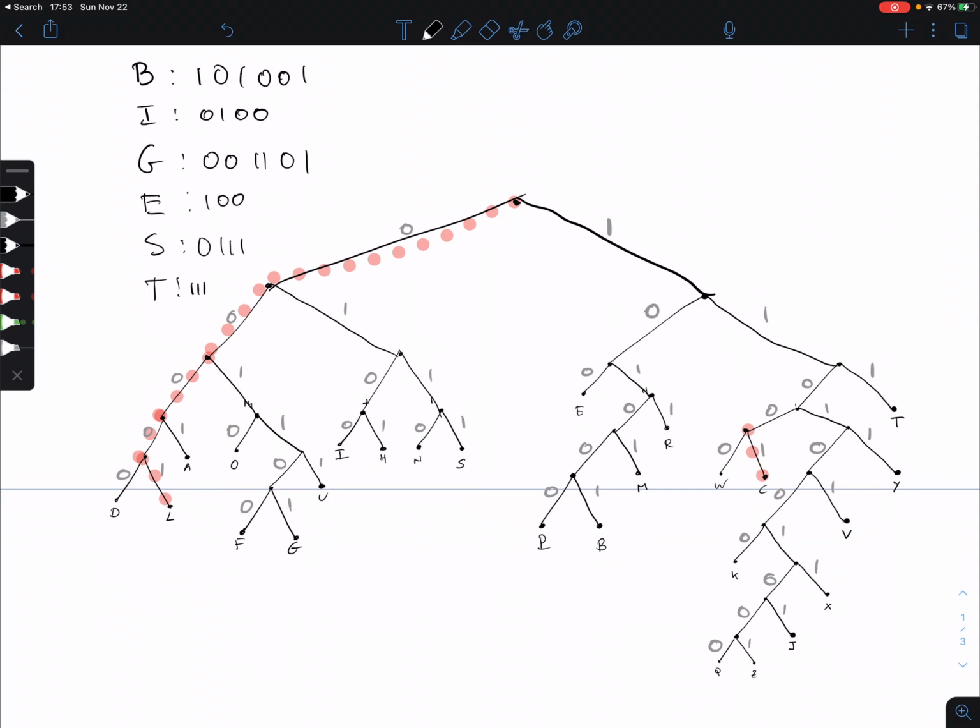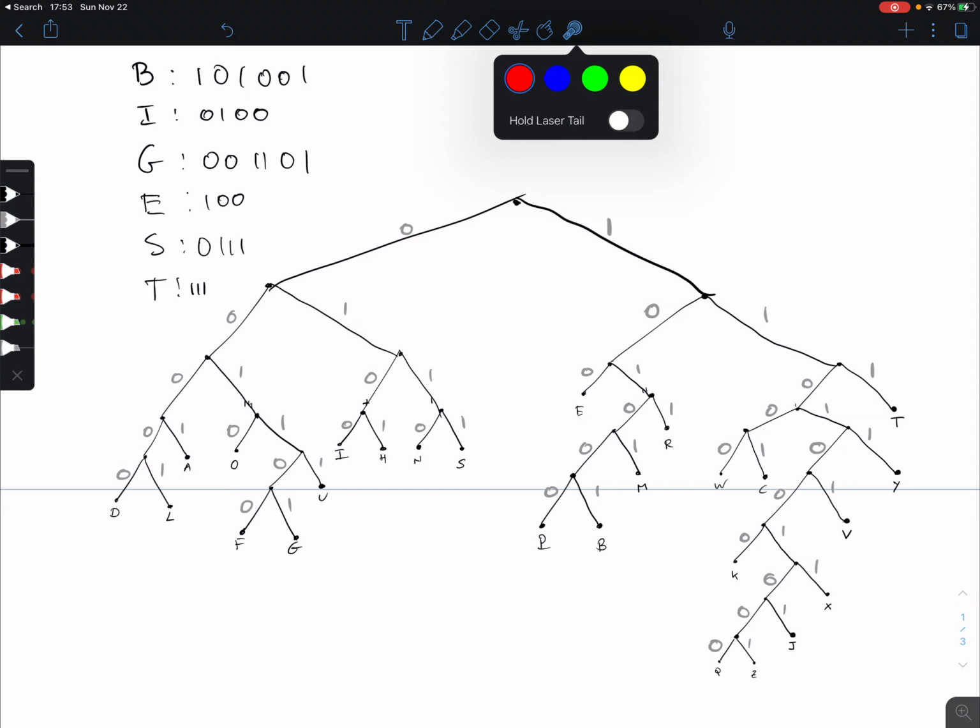I just want to point out that now that we have this tree, because it's not so easy to make, I should actually keep it for myself also. You see the levels here, it's kind of leveled. The least frequent letters are sitting all the way in the bottom here, and as you go up, you get more and more frequent letters.